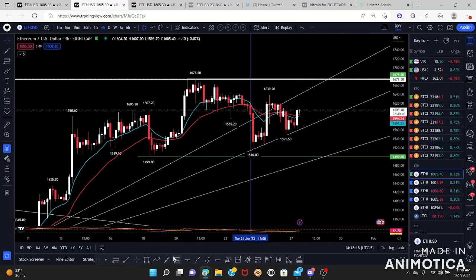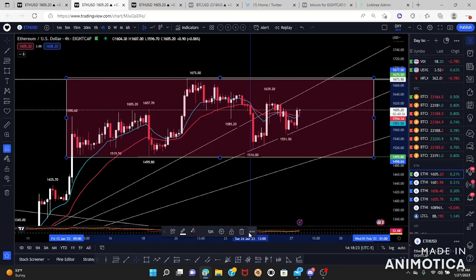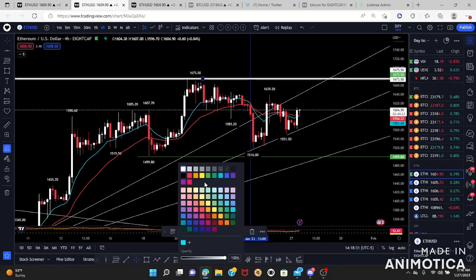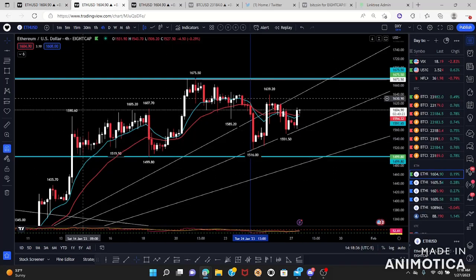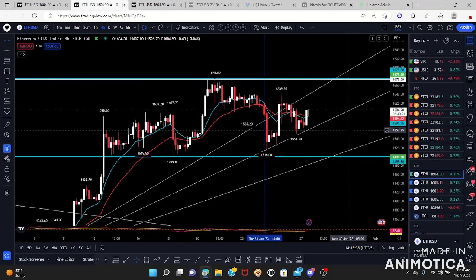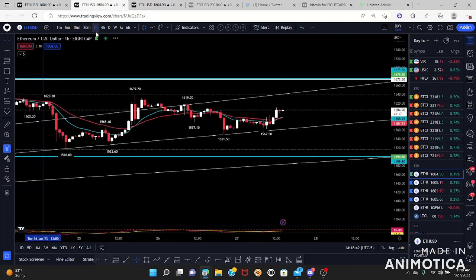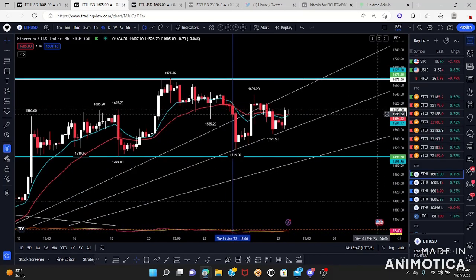We're in our 4-hour, and this is our contraction phase. This is our range. So let's just focus on our range. We have our highs. Let's blow it up. We have our lows. So within our range, we want to look at our highs and lows within the hour, within the 4-hour, to see what's our next possible move.